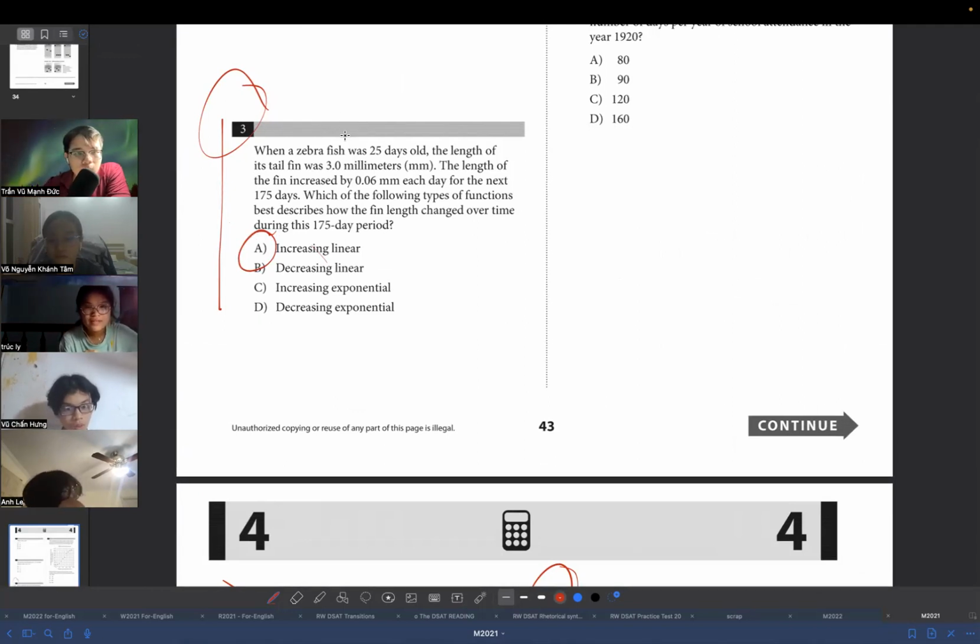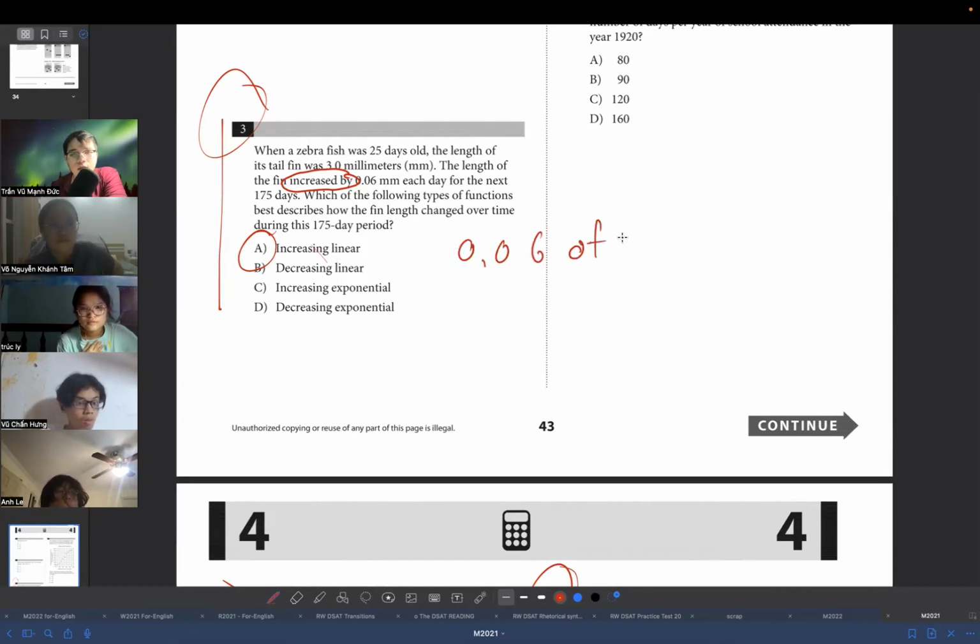The name of the thing increased by 0.06 millimeter, so it is a linear increase. All right, so if I say the length of the fin is 0.06 of the last day, which one would it be?